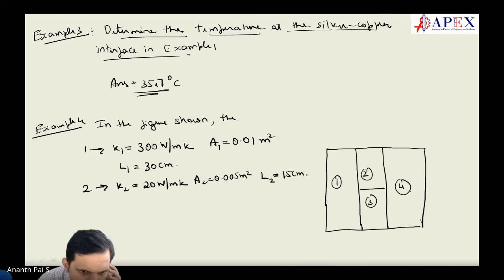Then the third one, K3 is equal to, let's say, 150 watt per meter Kelvin. A3 is equal to A2.